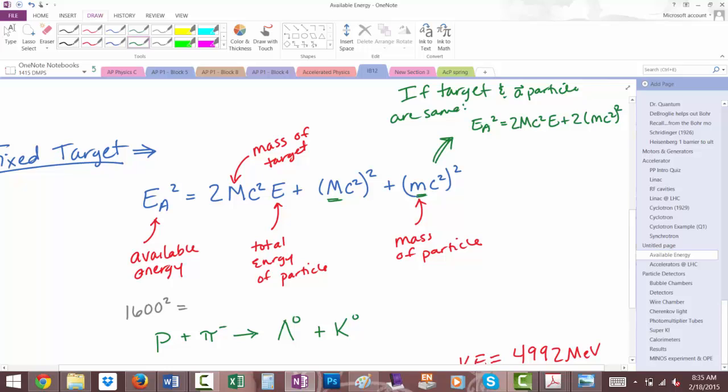By the way, often the bombarding particle is really, really fast. And so if that's the case, and this I think is kind of a little hand wavy, but we'll write it anyway. If the accelerated particle is fast, like really fast, then you can make an approximation that EA is really just equal to the square root. So we get rid of the rest mass relative to the total energy, and so it's just 2 mc squared E.